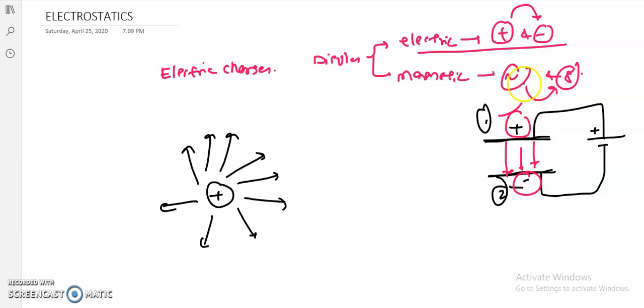Coming to magnetic flux lines, we cannot separate the north pole and south pole, that means we cannot isolate them, which we will see in the next lectures. But for electric dipoles, we are going to discuss the individual positive charges and individual negative charges, that means isolated charges.